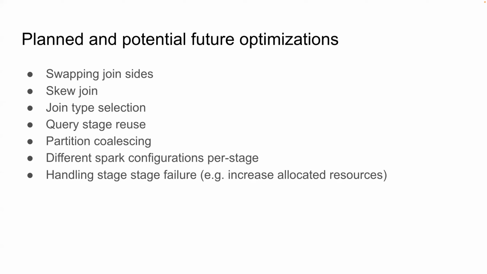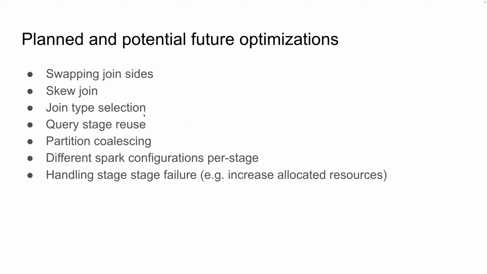For example, you might want to handle certain stage failures, or you might want to have different configurations for different stages about how many executors they use or what their partition count is, that kind of thing. Yeah, so these are some of the optimizations that we're thinking about. We're starting with join sides.